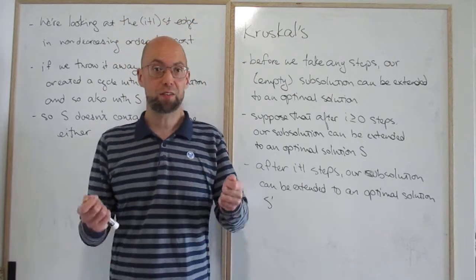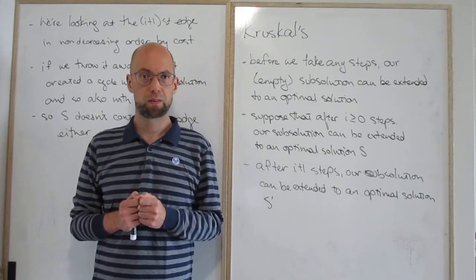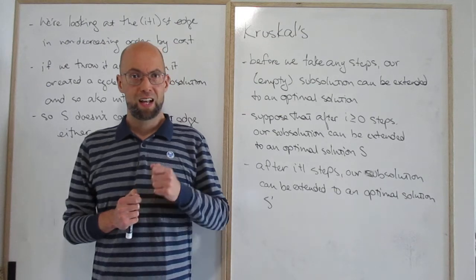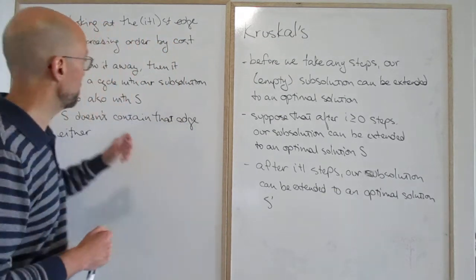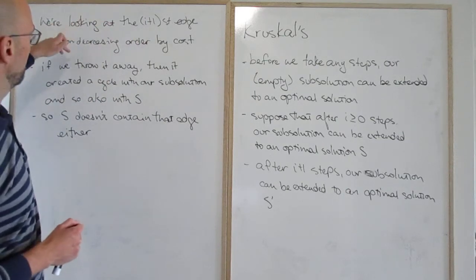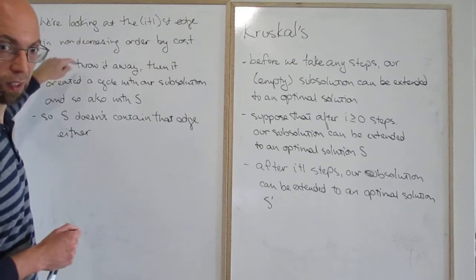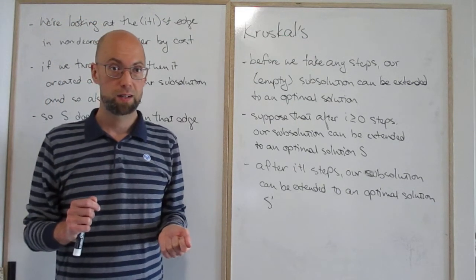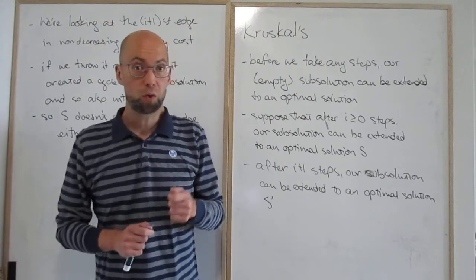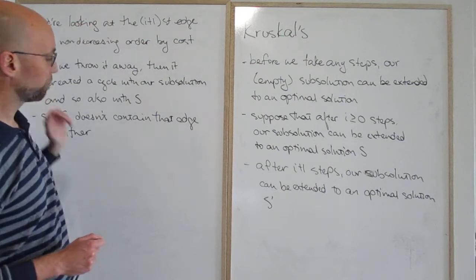Suppose we take the edge. Now, it's not guaranteed that S has to take that edge. Remember, there were those 2 8s, and if we took one, we couldn't take the other. So we took the one here, so we couldn't take the one here.